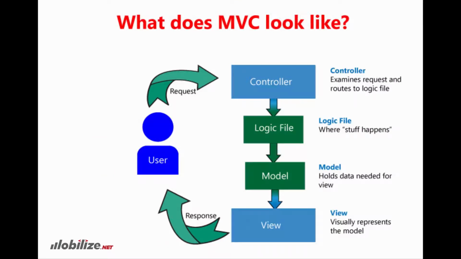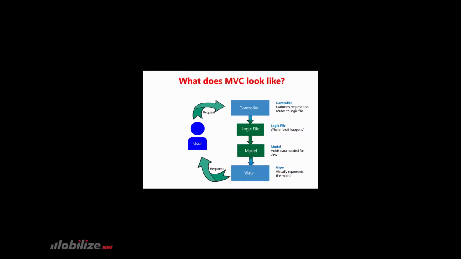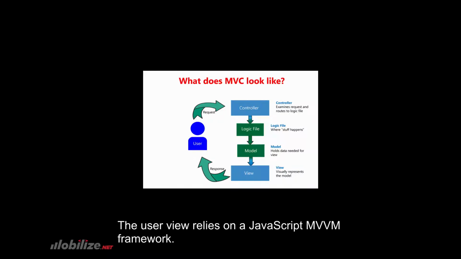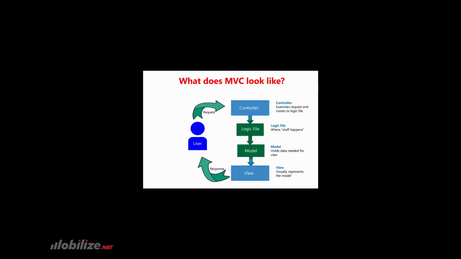The client, upon receiving the updated model as JSON, updates the view, which is bound to the model, using one of two available JavaScript MVVM frameworks, either Kendo UI or AngularJS. Whew, that's a lot of stuff going on, but we'll explain it in these videos step by step.